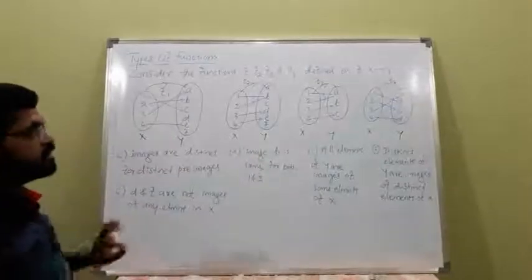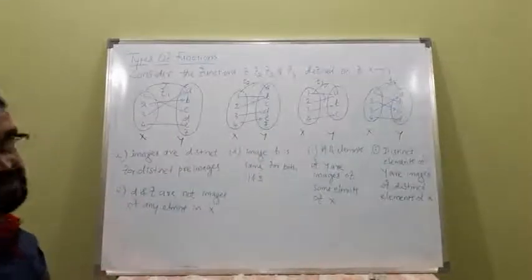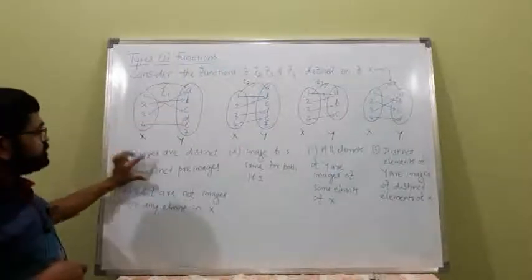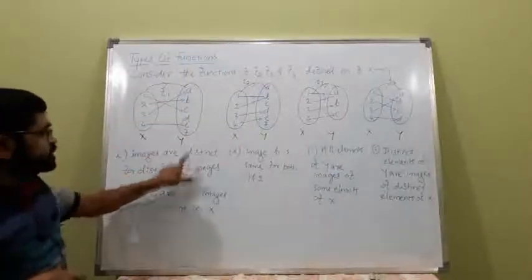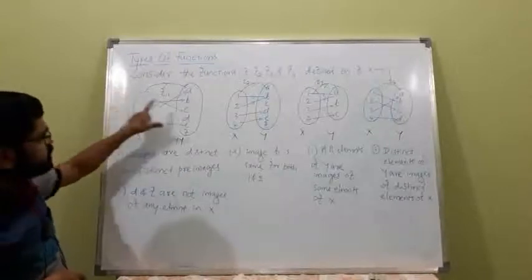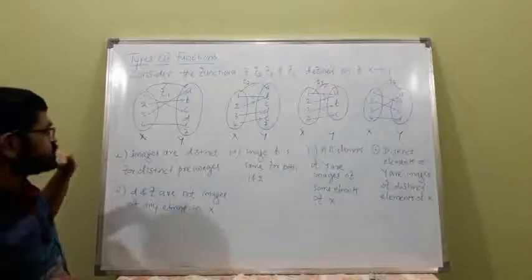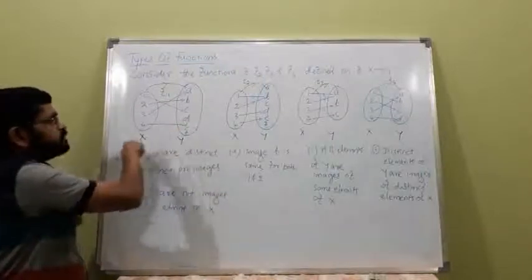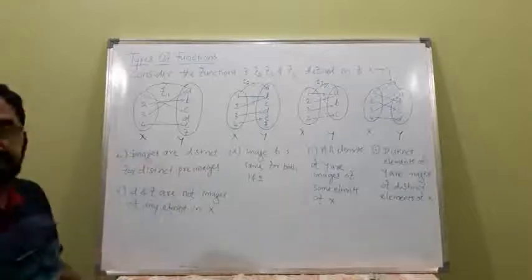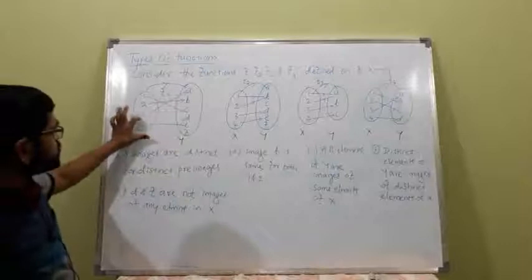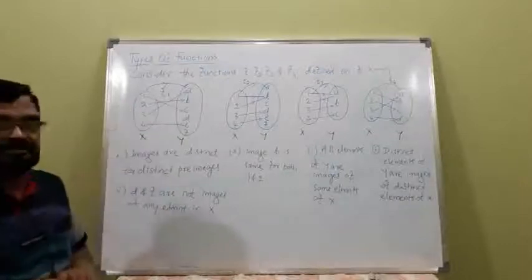Okay, let us note down the observations. Here in function f1, images are distinct for distinct pre-images. D and F are not at all the images of any element in X. These are not connected to any element of the domain.